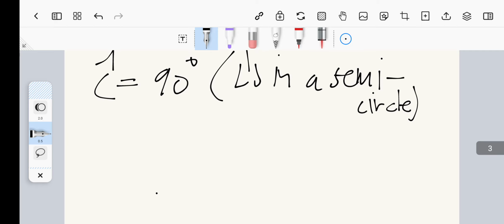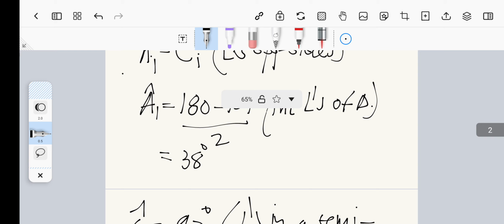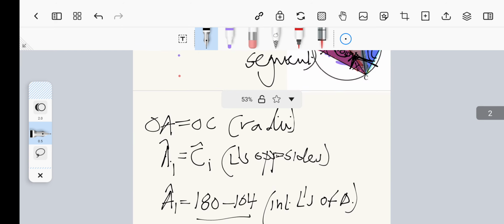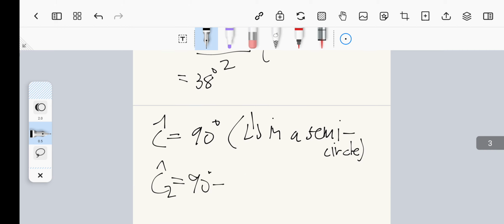Let's just write that down. C2 is going to equal our 90 degrees minus C1. C1 and A1 are the same, so C1 is 38 degrees.